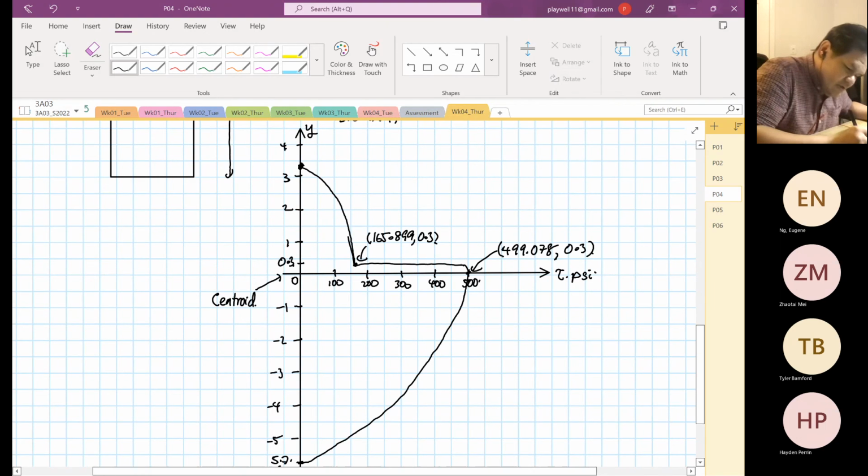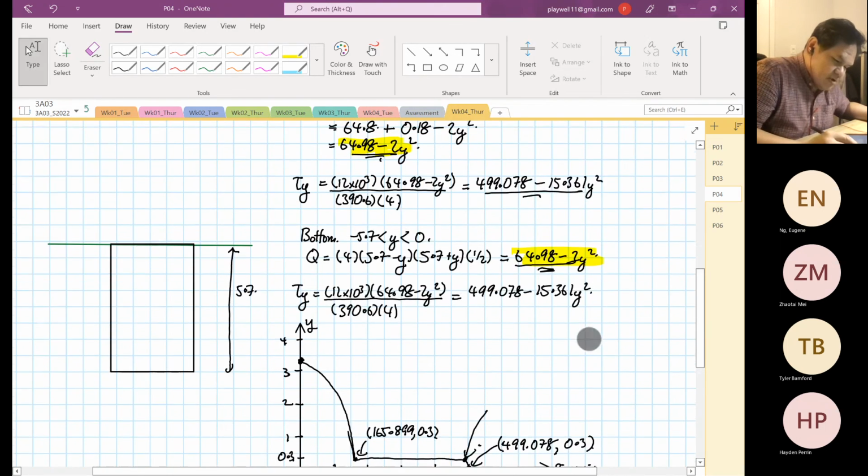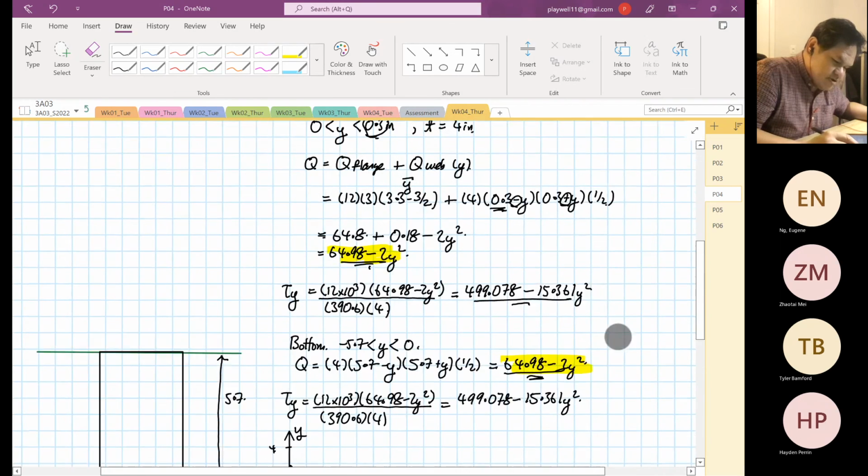By right, you have to calculate these also. To calculate that point is not difficult. You just need to substitute into this equation over here.